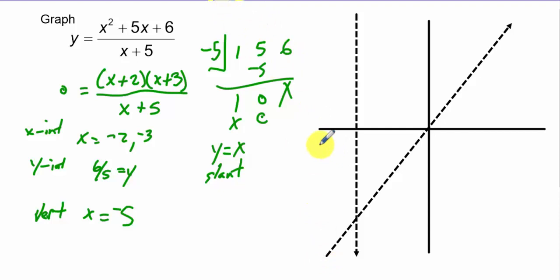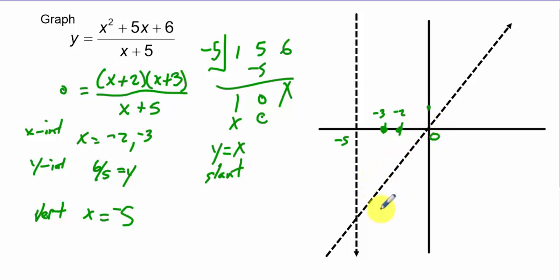And put in our intercepts, -2 and -3. This was -5. This is 0. -2, call it here. -3, call it here. Put dots on both of those. And I know that the y-intercept is 6/5, somewhere around here.